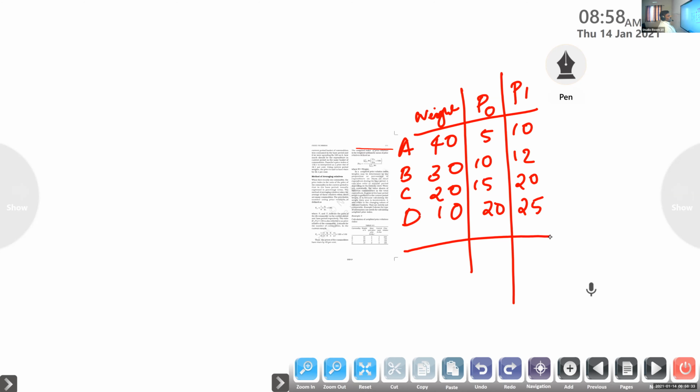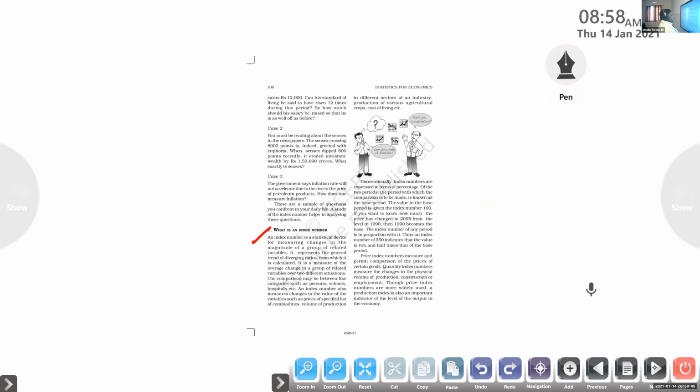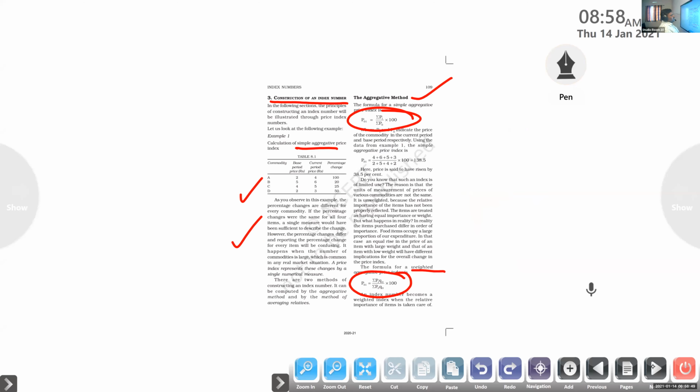Clear or not? So what equation do you want to use here to find out the price relative? Not for all these together, individually you have to calculate. See that? Calculate the percentage change. Price relative you have to calculate.